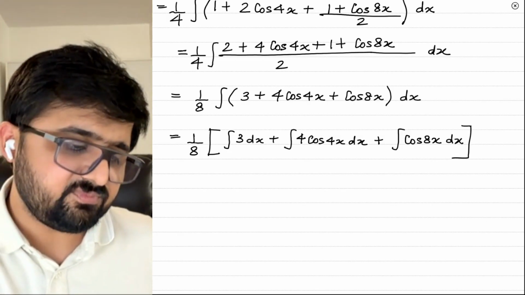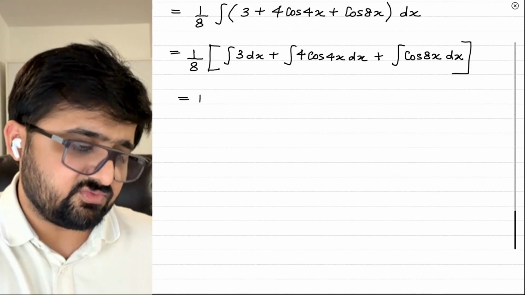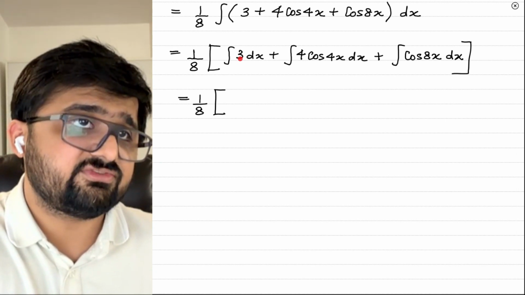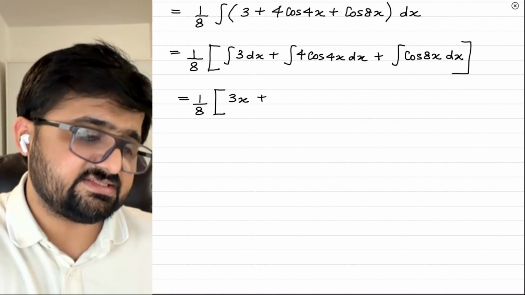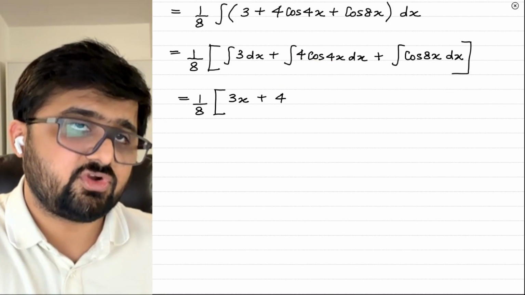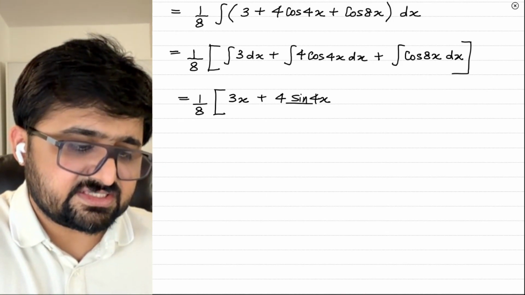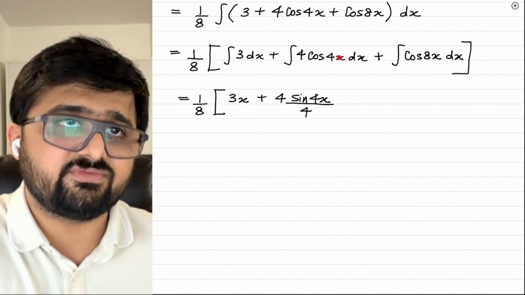Now very simple to integrate, all standard formulas. So 1 by 8, open the bracket. Integration of 3 is 3x, plus that 4 is constant and can be taken out. Integration of cos 4x is sine 4x, divided by 4, because we always divide by the coefficient of x.